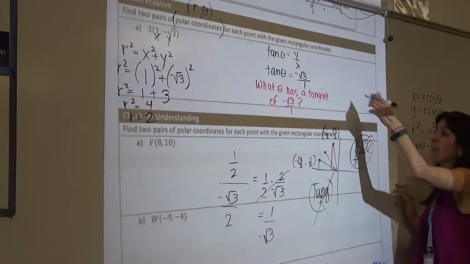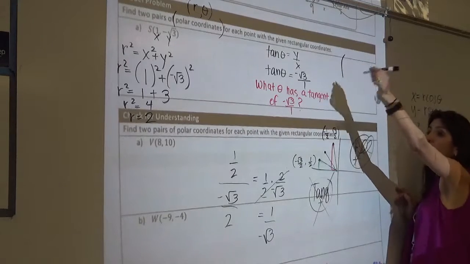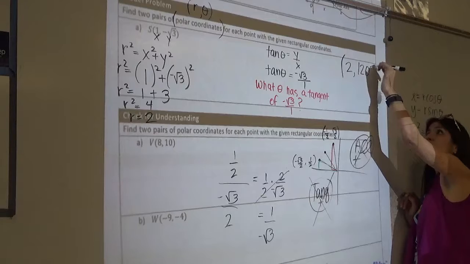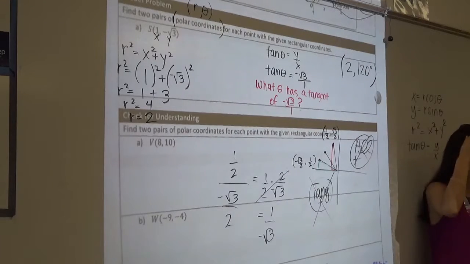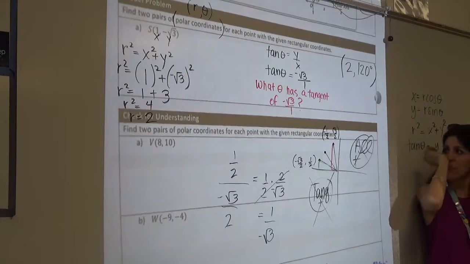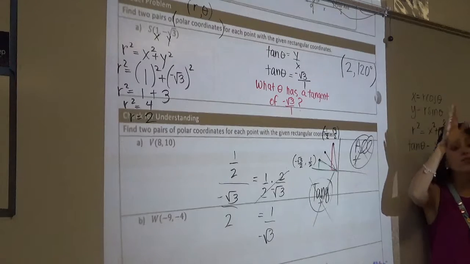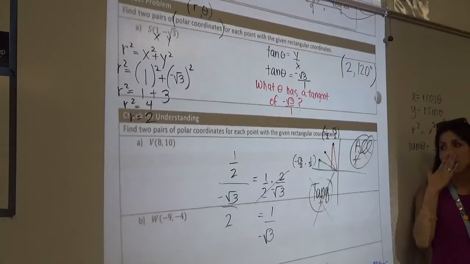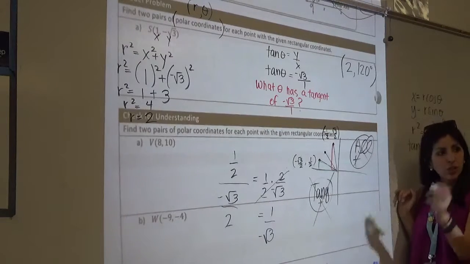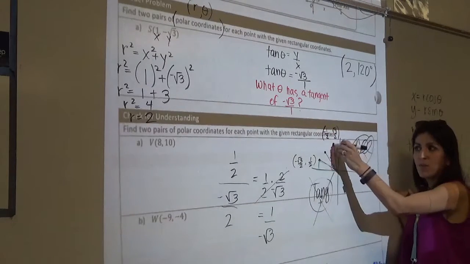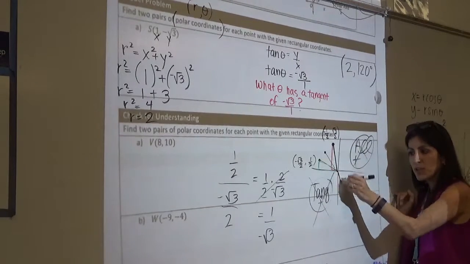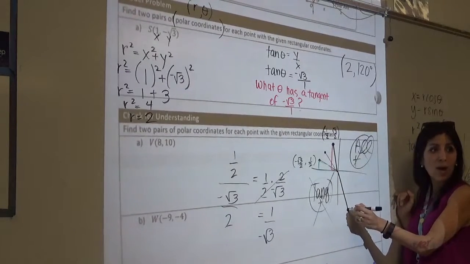Okay, so here's what I'm getting at. My r, we decided, was 2. One angle that satisfies that equation is 120. Rather than draw all 3 triangles over here and do that again, what we should be able to deduce is that if it was 120, the other angle is going to be directly across from that in quadrant 4.